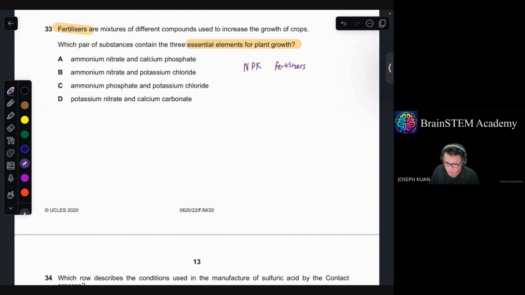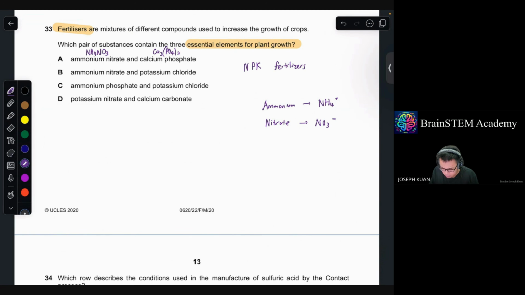All right, so for A, ammonium nitrate, the formula is NH4NO3, and calcium phosphate, which is Ca3(PO4)2. Okay, you know what? I'm not going to write down all the formulas. I'm just going to write down the ion species so that it's not too confusing for you. So ammonium is NH4+. Nitrate is NO3-.